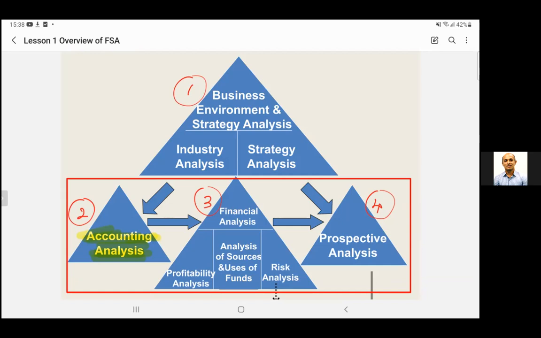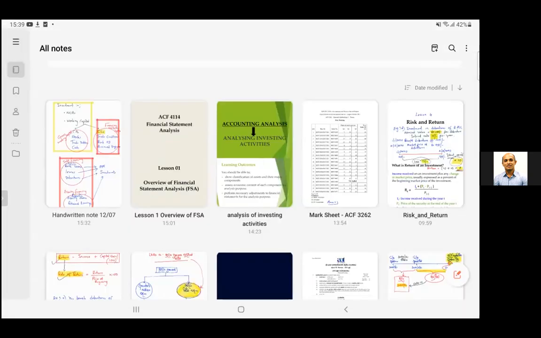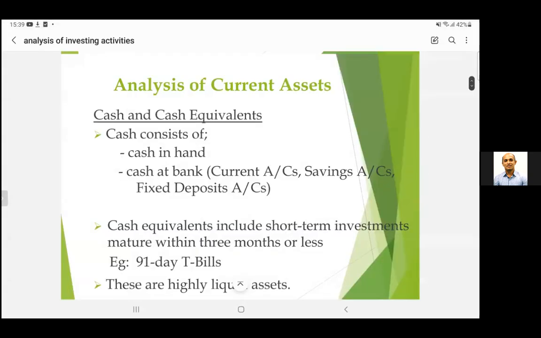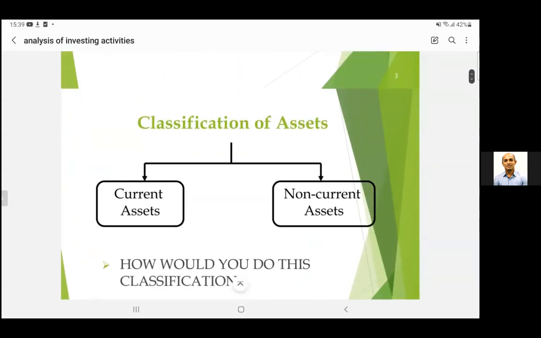So this week onward, you are doing accounting analysis for your selected company. Later on, I'll explain how you can apply these to your selected company. Right. So today's topic is under accounting analysis.